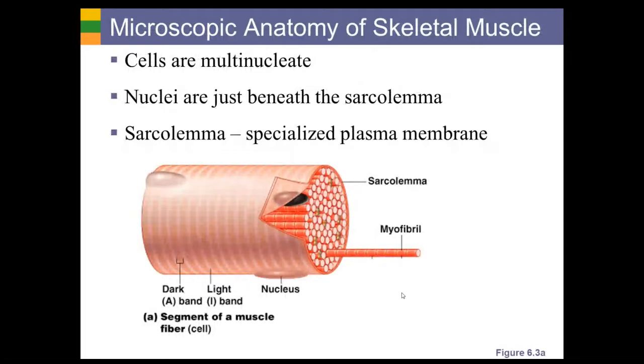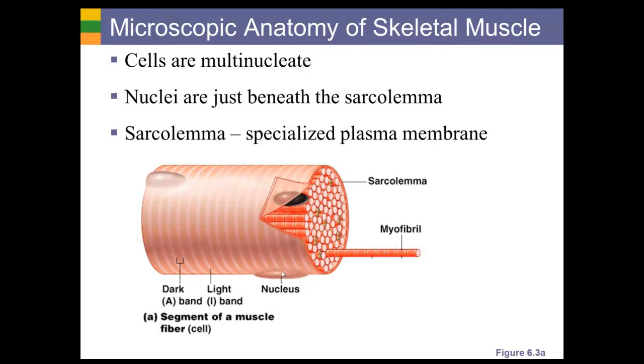Okay, so what you are looking at here is a skeletal muscle fiber that has been cut. So imagine a skeletal muscle fiber is thin and long, and let's say we cut it right here. So this is a nice cross section of the skeletal muscle fiber. A couple of things I want to point out. First, you've got lots of little nuclei. They're multinucleated cells.